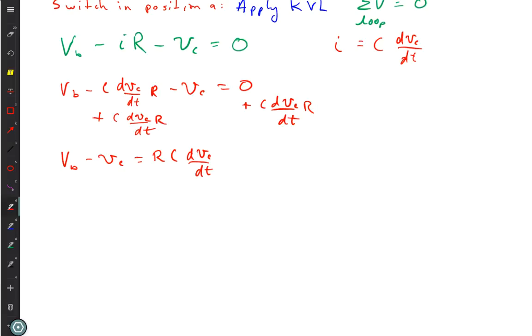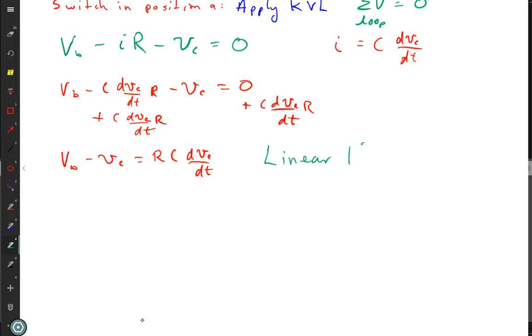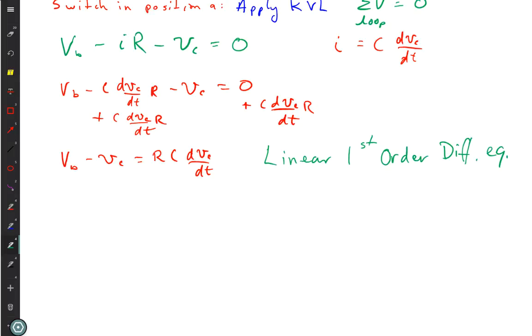Now, if I want to solve this, what kind of equation do I have? I have a linear first order differential equation. And these are ones that are within your ability to solve.